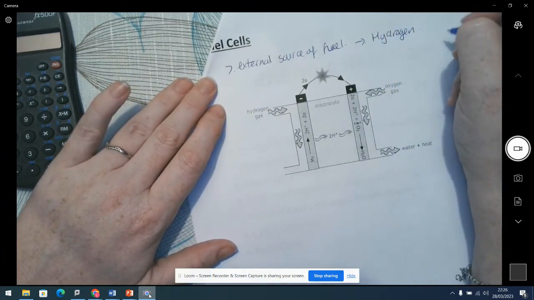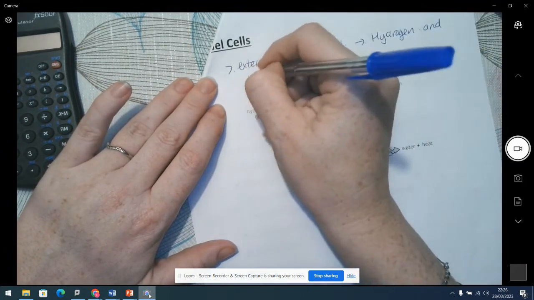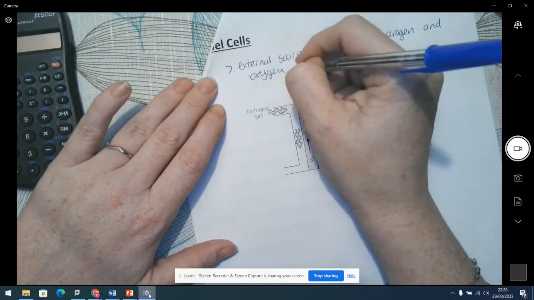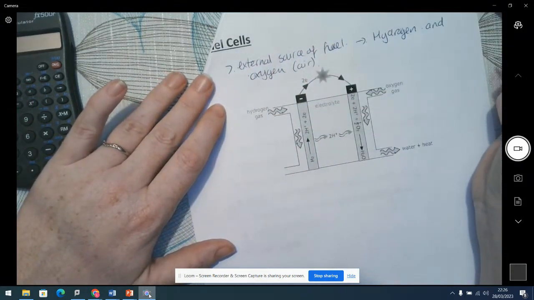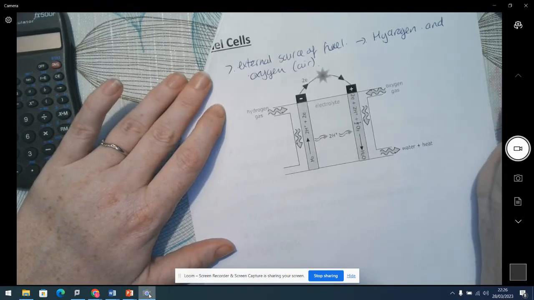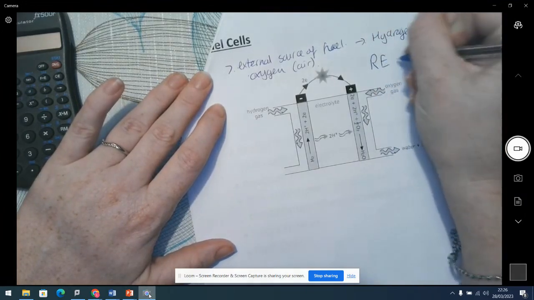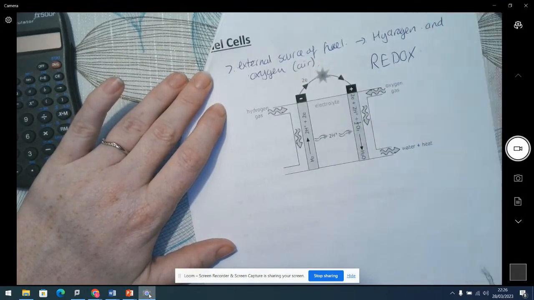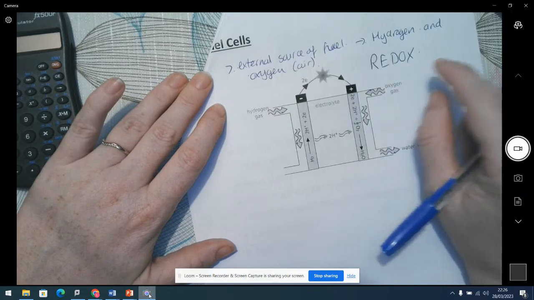And we are usually reacting that with oxygen, and that comes from the air. And we get essentially oxidation and reduction reactions happening. And if you've watched the reactivity series video, that is what we call a redox reaction.